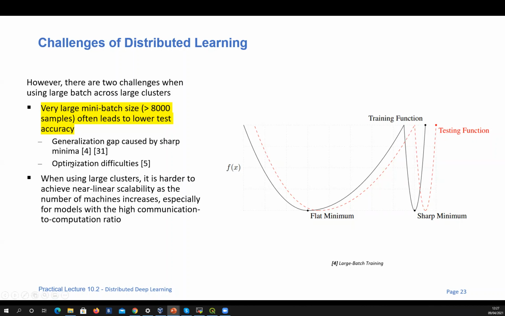So this second problem, which is called optimization difficulties, is now very well addressed by newer optimizers. But this issue of generalization shown here in the picture is still unfortunately very pressing and not so easily solvable, and there is still a lot of research on that.